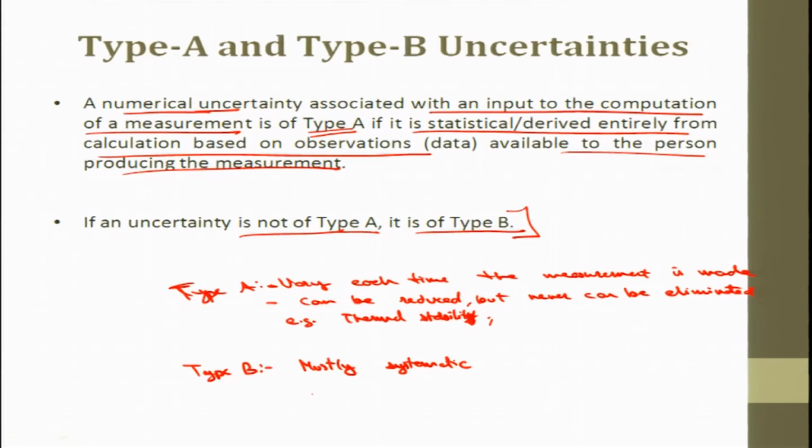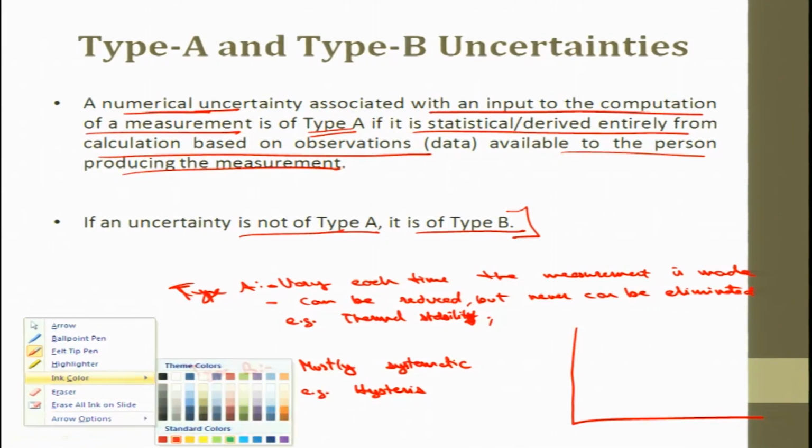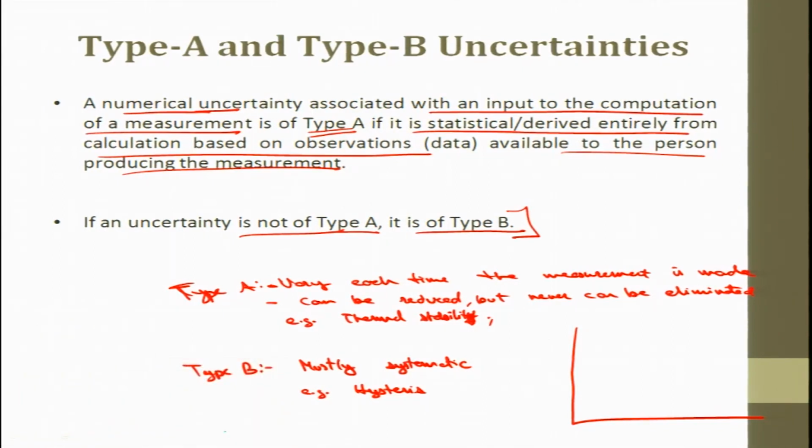So the examples for the type B uncertainty can be anything that we are not trying to control. I can put an example for hysteresis. When we load or unload a spring, when the load is increasing, the hysteresis is something like this.